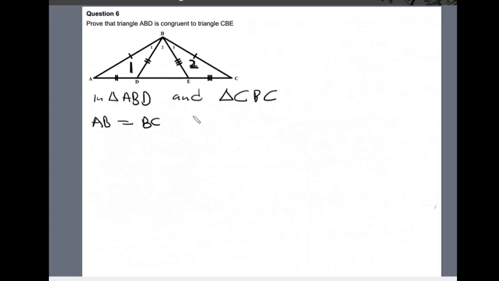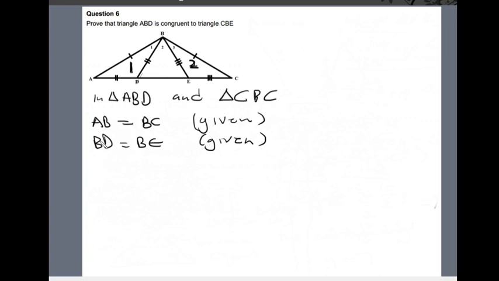So this is given, okay? And then we are also given that BD is equal to BC, right? So BD is equal to BC. This is also given, not BC, sorry, so BD and BE are equal. This is given, right?